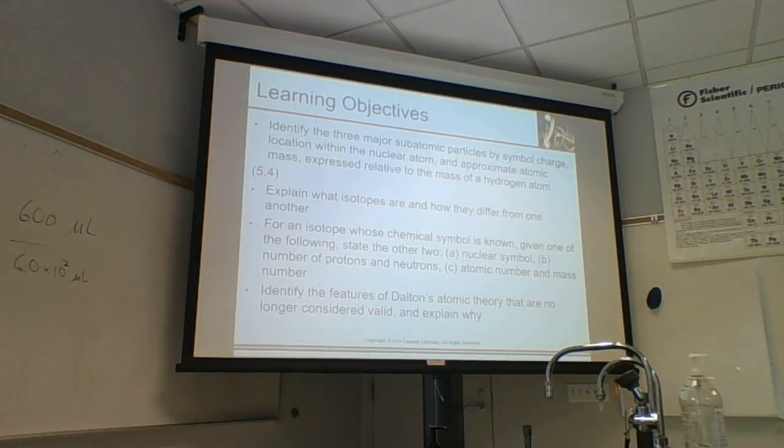The gold scattering experiment. And what did the gold scattering experiment determine? Yeah, the internal structure of the atom. And what was the internal structure of the atom? What's that model called?